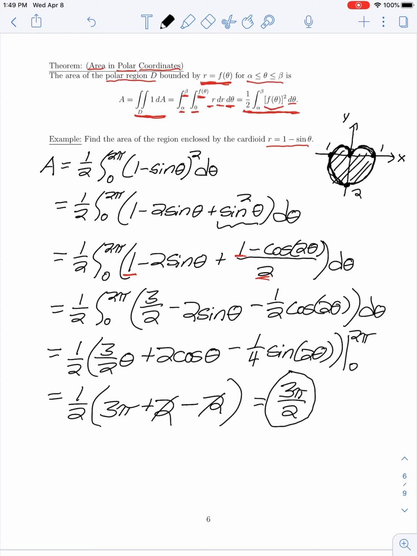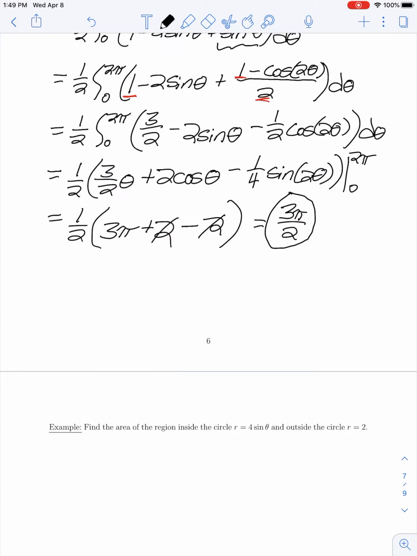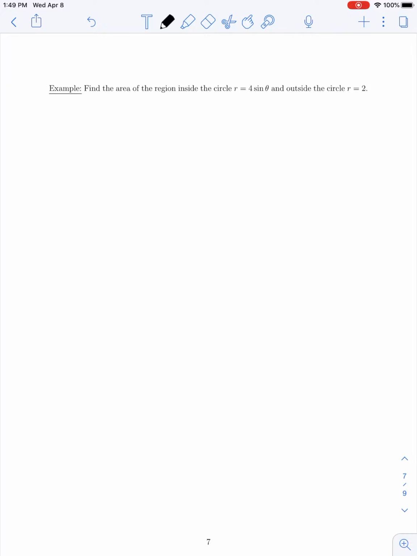So let's look at an example of finding the area of a region bounded by 2 polar curves. So in our next example, we're asking for the area of the region that lies inside of the circle r is 4 sine of theta, and outside the circle of constant radius, r equals 2.